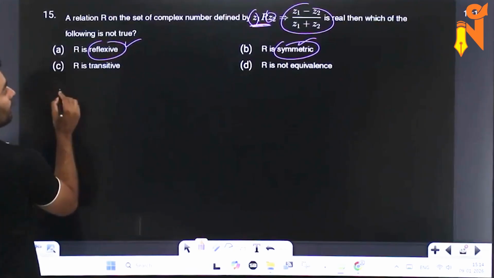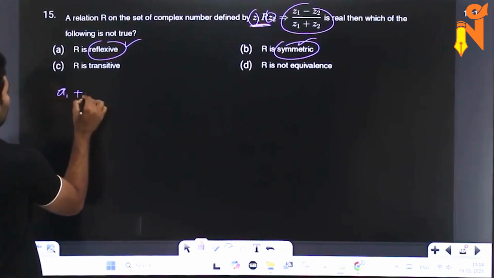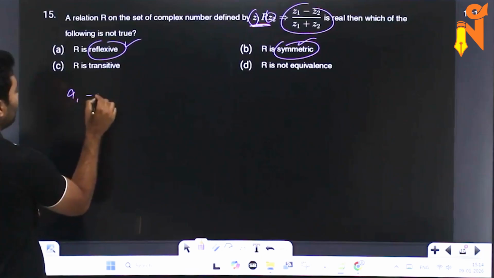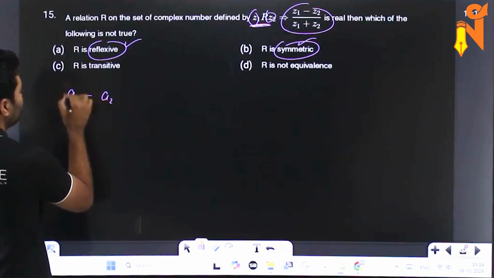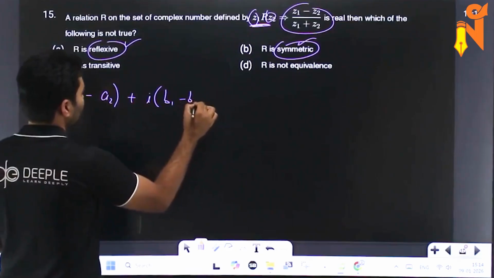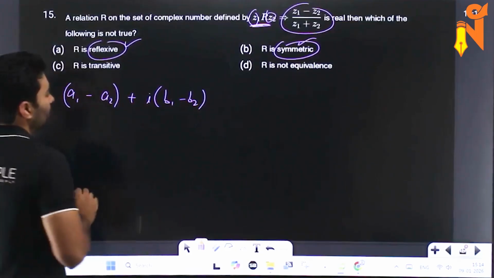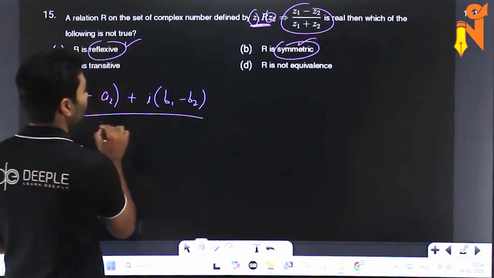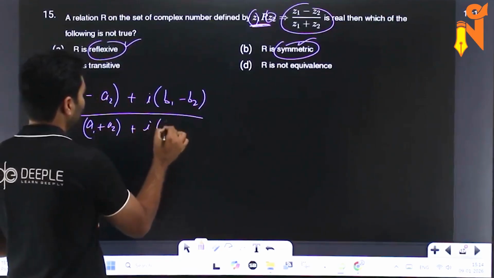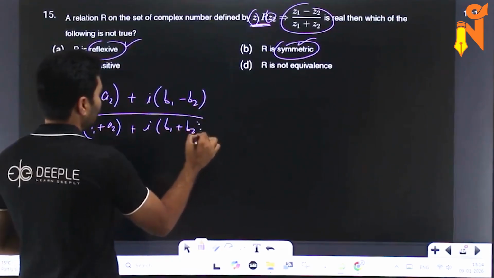Let's put here, so a1 plus iota b1, I will skip one step here, (a1 minus a2) plus iota times (b1 minus b2), nice, upon (a1 plus a2) plus iota times (b1 plus b2), this should be real.